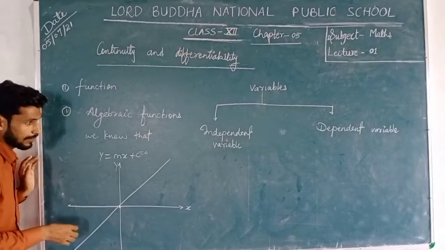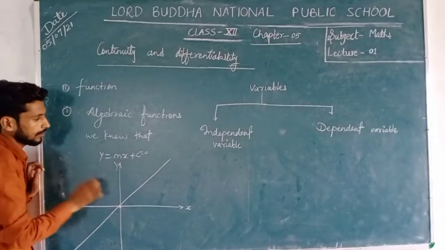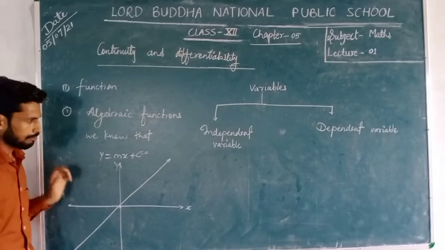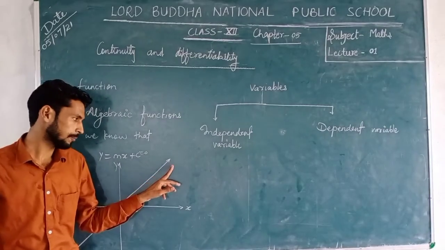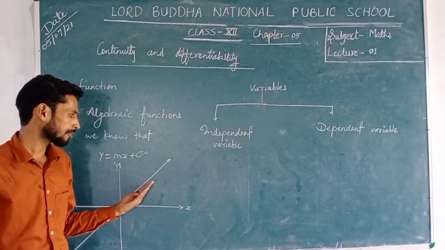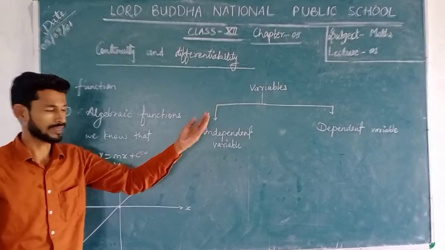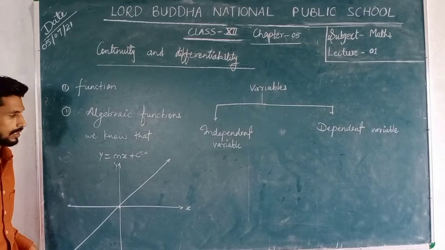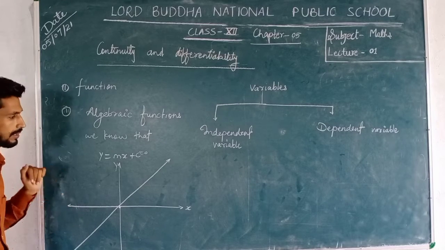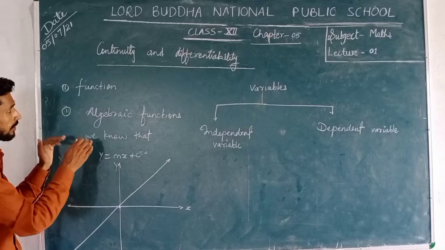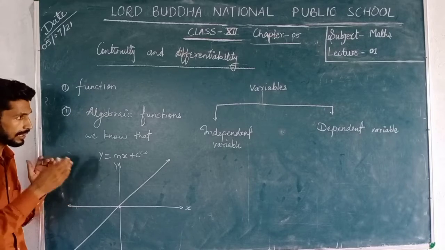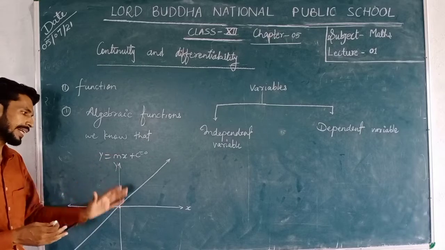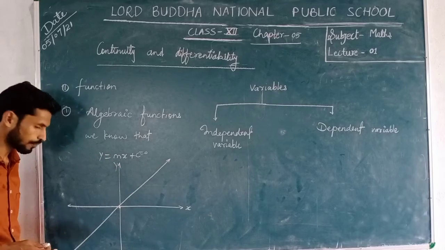But remember that for the function, always take care of the arrow, because this arrow shows that the graph can be extended further in the forward direction as well as downward direction, or we can say backward direction. So in the function chapter, always represent any graph with the arrow.